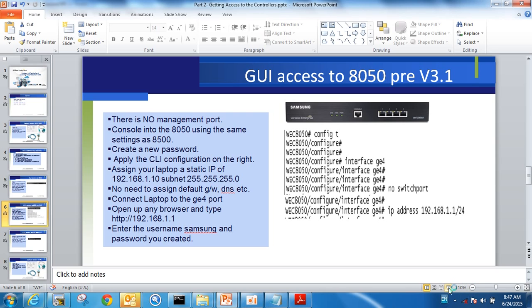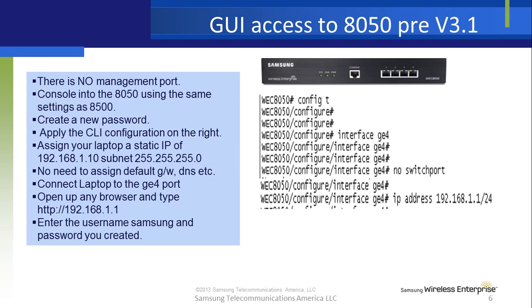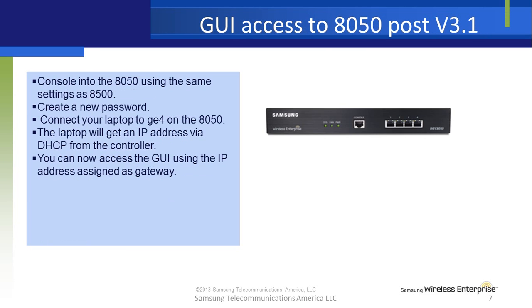Now, what happened in versions 3.1 and higher was that we dedicated Gig 4 as a management port. So right out of the box, all you do is connect your laptop to Gig 4, and it will give you an IP address, I think in the 192.168.1.0 range, and the default gateway will be 192.168.1.1.